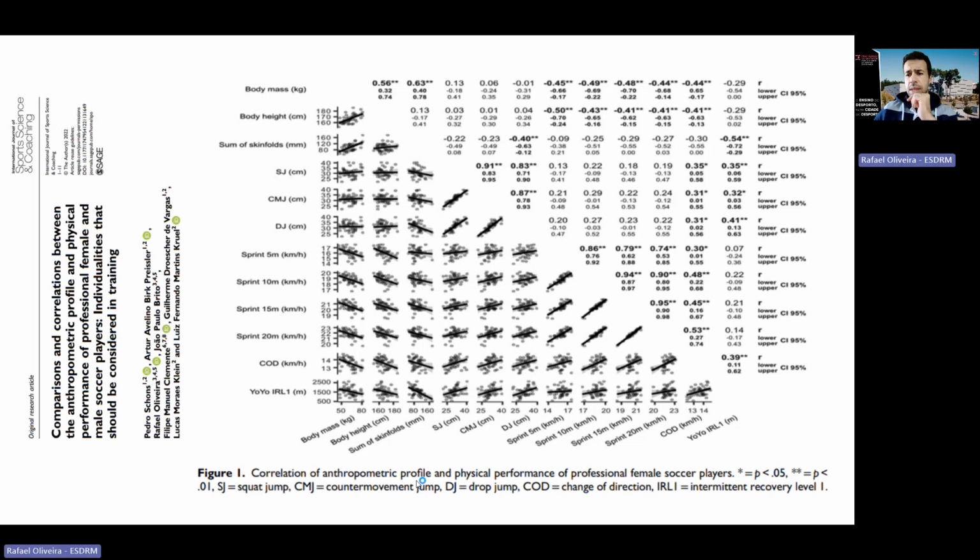Of course, like in load monitoring, there are many physical and physiological tests. I already showed you some slides before. This slide is also taken from a study that we did, in which we applied different kinds of body composition, jump ability tests, sprint tests, change of direction tests, and also Yo-Yo tests. So it's all possible to apply.